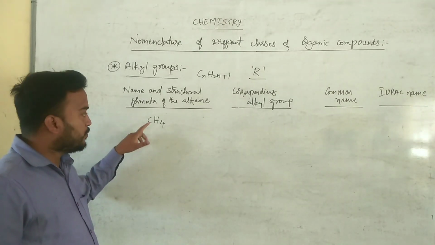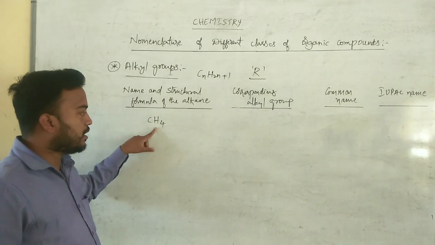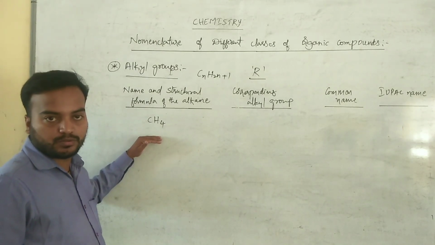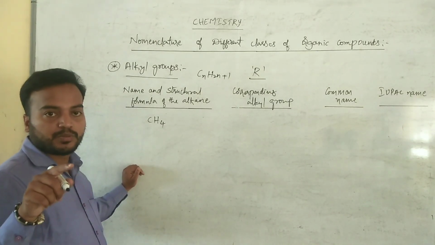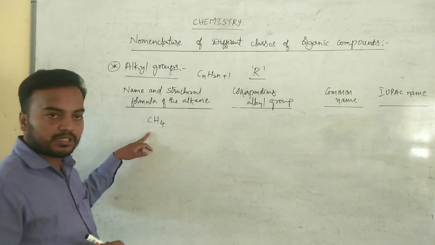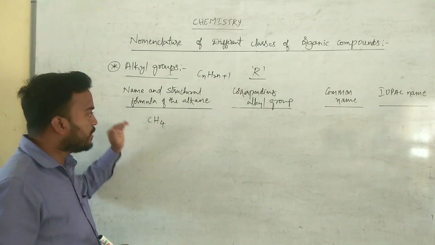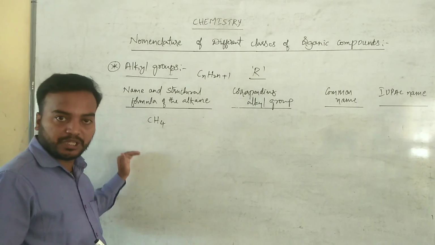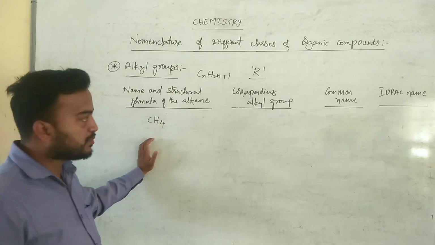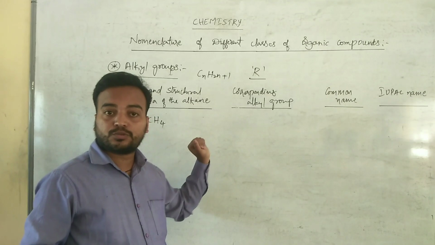This is the first alkane, CH4. In CH4 we substitute n equal to 1, so the number of carbon atoms is 1. Now we have to remove one hydrogen from this methane, and it will become the corresponding alkyl group.